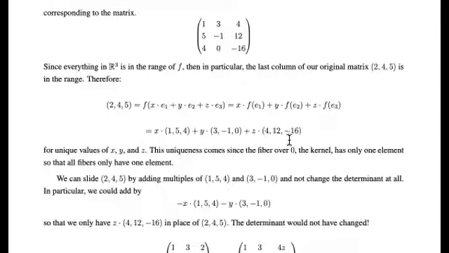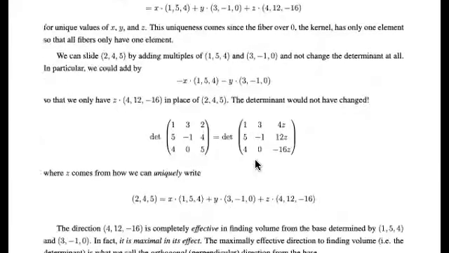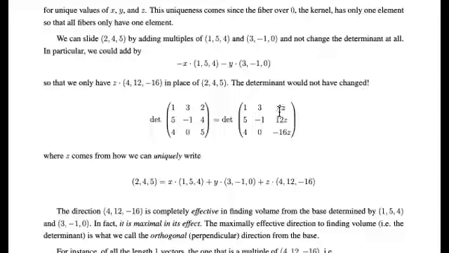Now, what if you do some sliding? Sliding by multiples of 1, 5, 4 and 3, negative 1, 0 should not change the determinant. Why don't we slide so that these multiples just vanish? They go away. So basically, the determinant is always the same as just taking some multiple of 4, 12, negative 16 here. This is the vector of determinants.